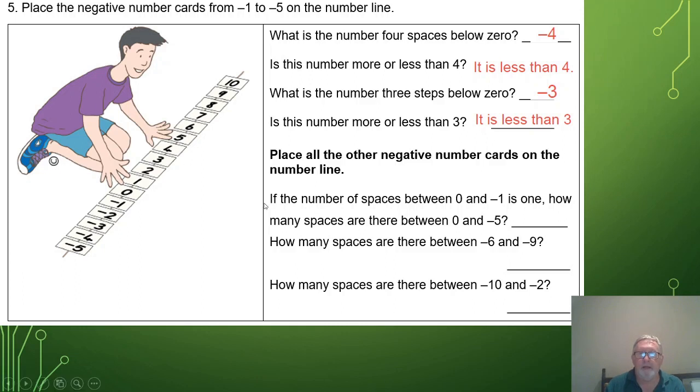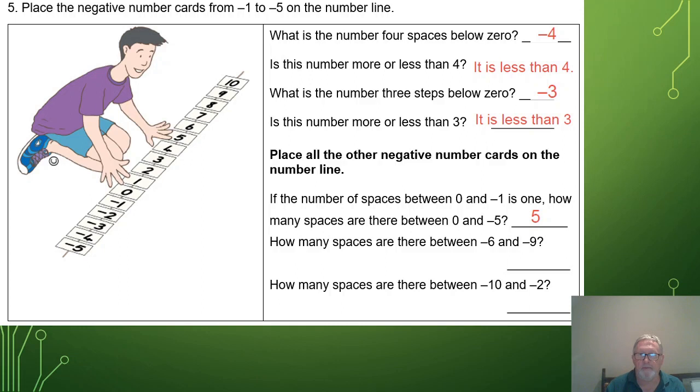All right, if the number of spaces between 0 and -1 is 1, how many spaces are there between 0 and -5? Write in your answer. And of course it is 5 steps. How many spaces between -6 and -9?